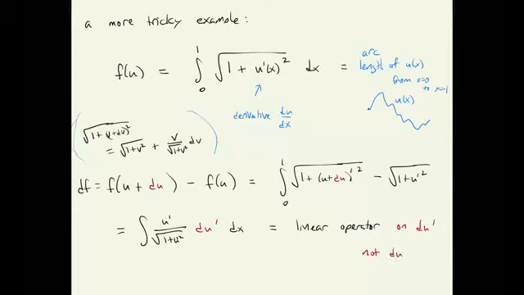The derivative is a linear operator on du, but I'd like to write it directly in terms of du, because eventually I'd like to take a gradient and write it as a dot product of the gradient with du.